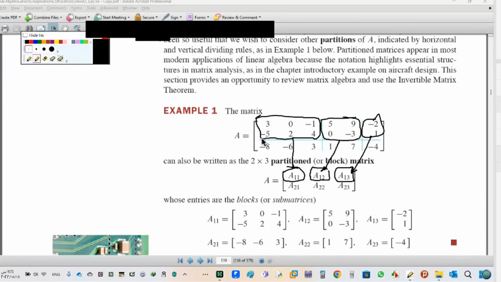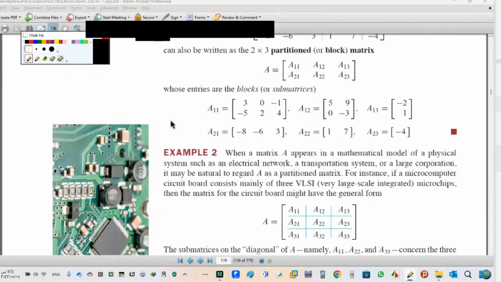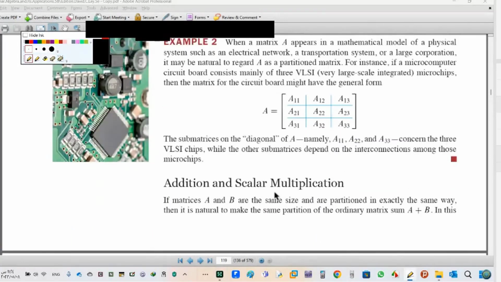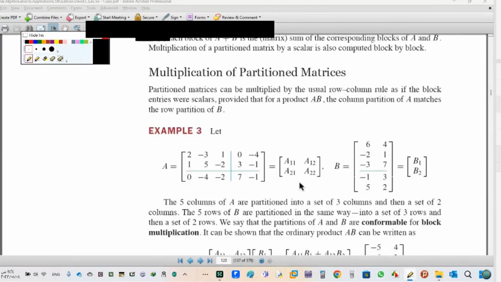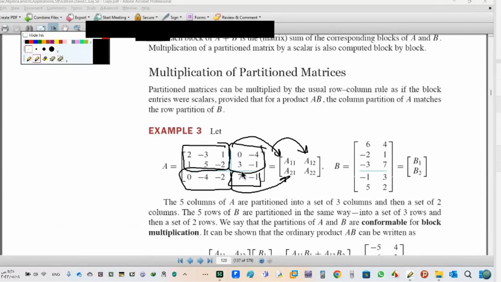But here we have a problem. How can I divide? How can I make a partition or block matrix? For example, take addition and scalar multiplication. For addition, we have a condition: the size of A equals the size of B. For example, I have A11, A12, A21.